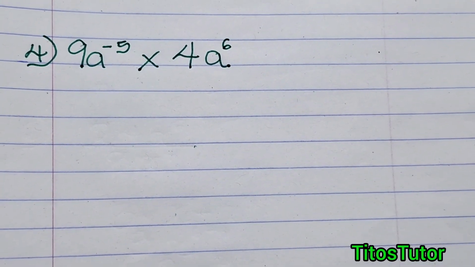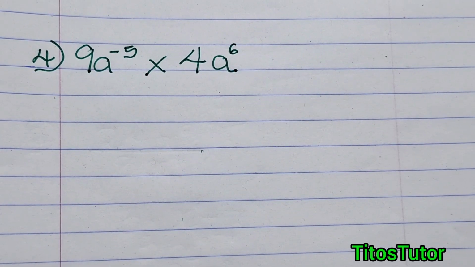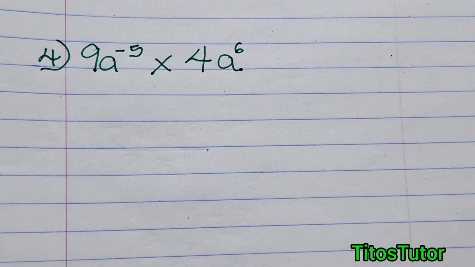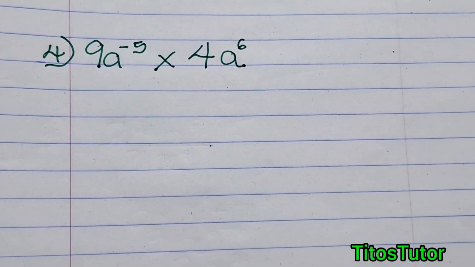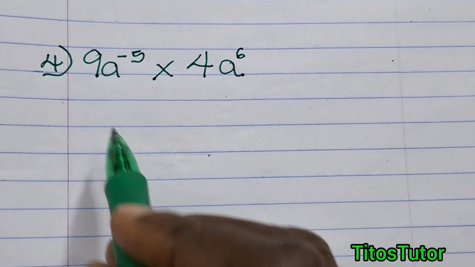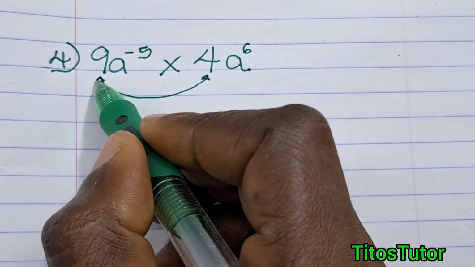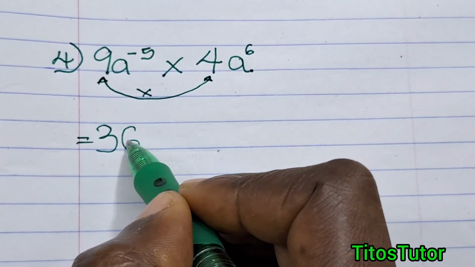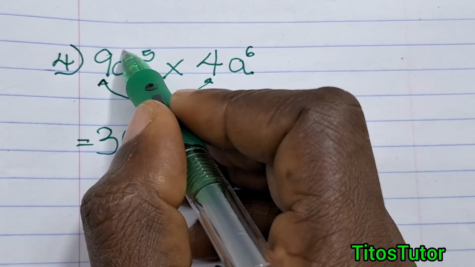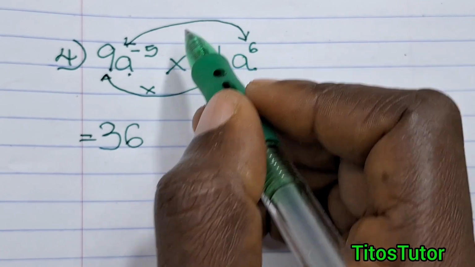Here's our question 4. It says 9a raised to the power of negative 5 multiplied by 4a raised to the power of 6. The first thing you do is multiply your coefficients. We're going to multiply 9 and 4. If you multiply that, it gives you 36. Then you can now multiply the variables with their powers.